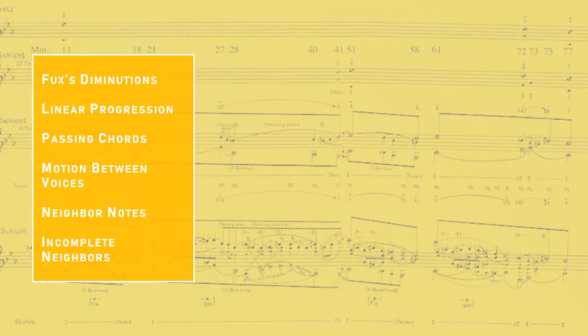Schenkerians have taken to using the term in a similar way, although as I've stated previously, rhythmic values have different meaning in analytic notation compared to standard notation. Moving into faster note values in this context simply means composing out a pre-existing structure, moving from a middle ground towards a foreground. It is in that sense that all of the transformations discussed in this video are diminutions.